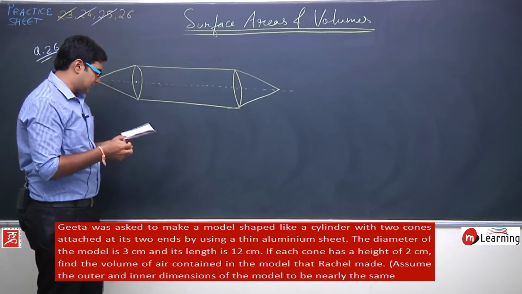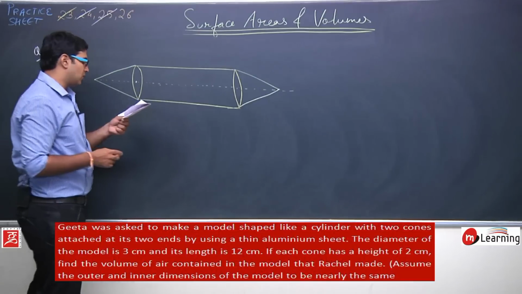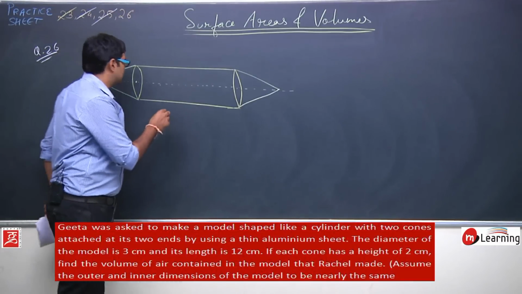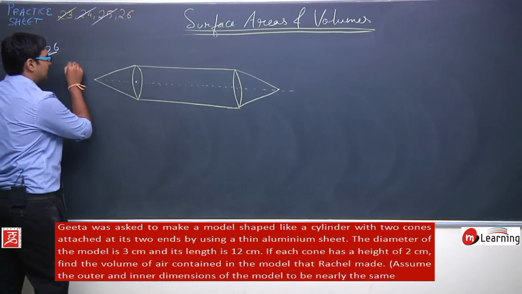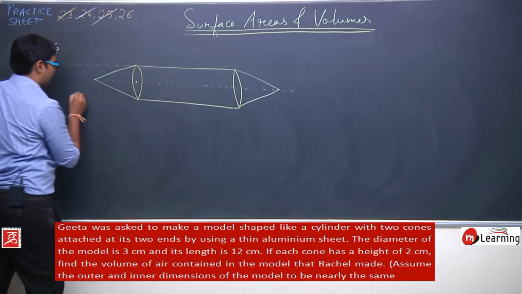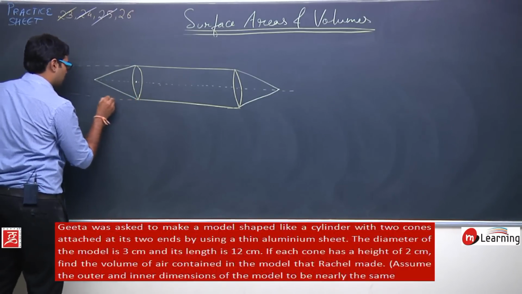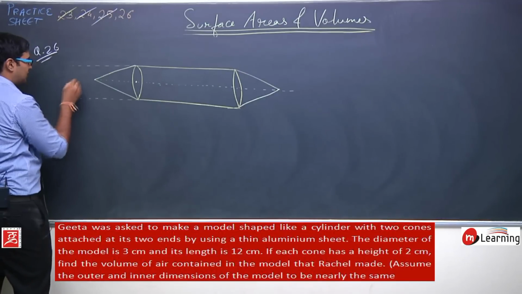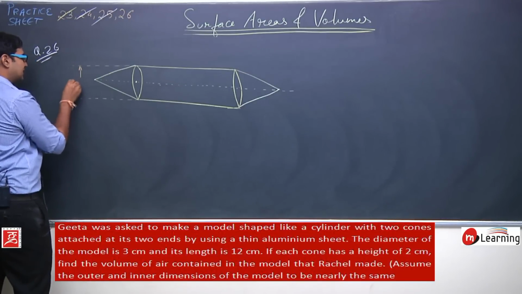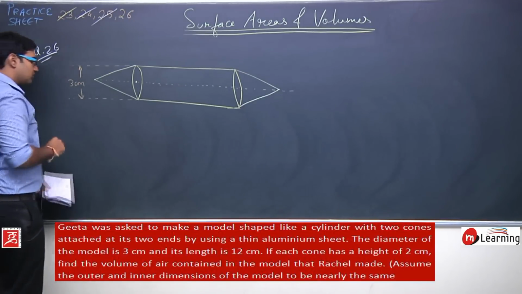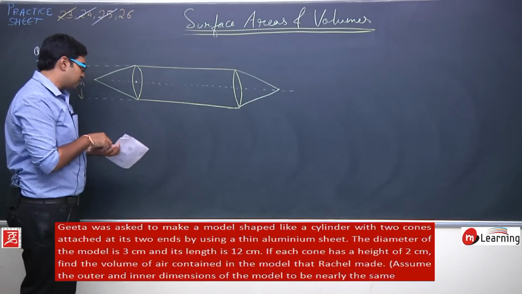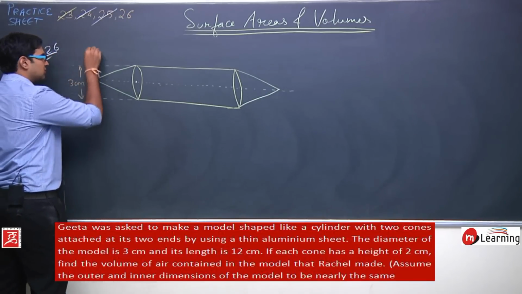Now further it says that the diameter of this model is 3 centimeters. So let us mark the diameter. This is the diameter. This is 3 centimeters and the length of this model is 12 centimeters.